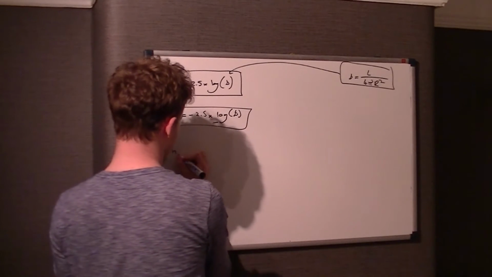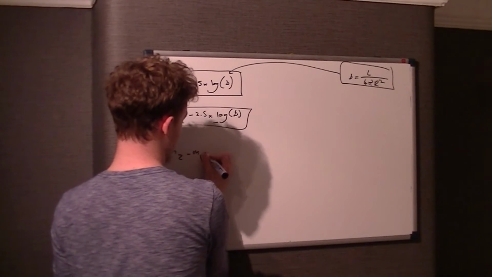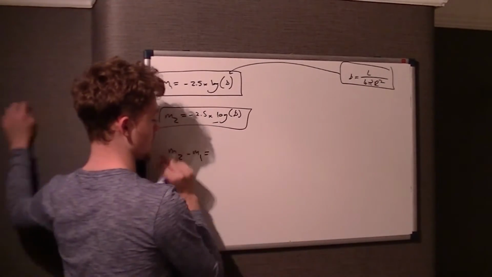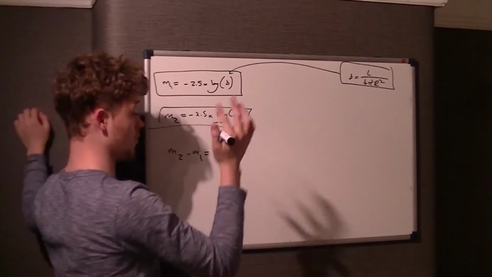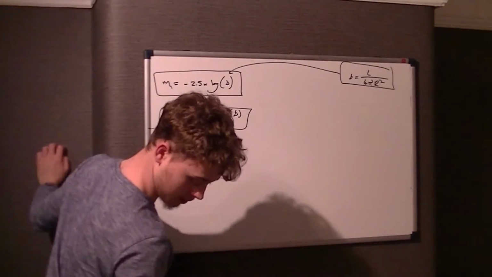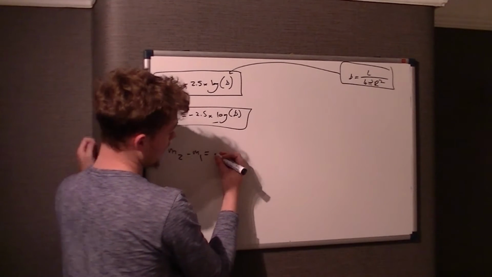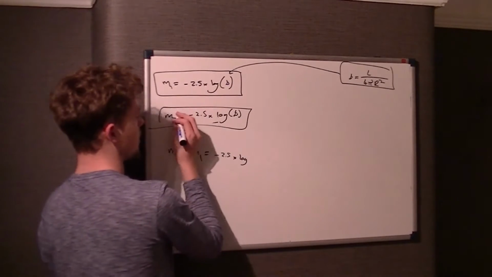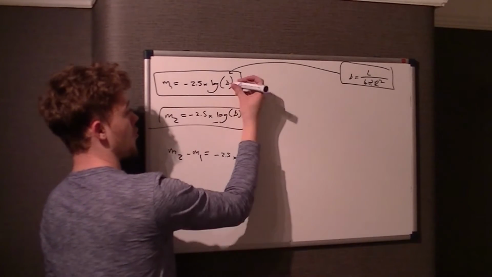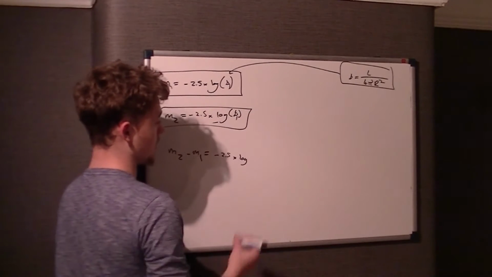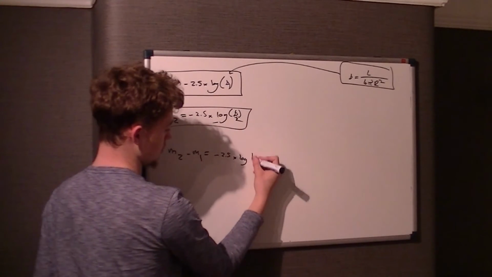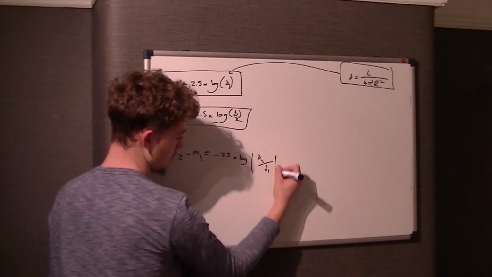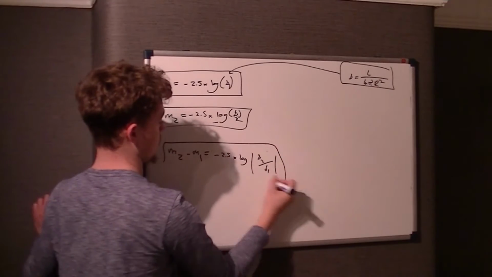So M1 take M2, whichever way round, it doesn't really matter, and it is equal to minus 2.5 times the log of, well, if we call star 1 brightness B1, and star 2 brightness B2, if we divide these two, it's B2 over B1, and that is the equation that you would use.